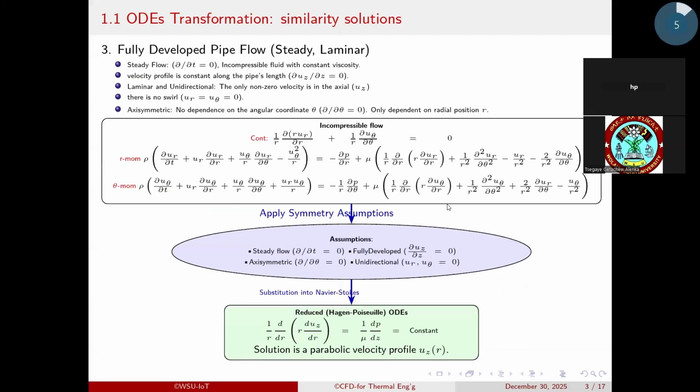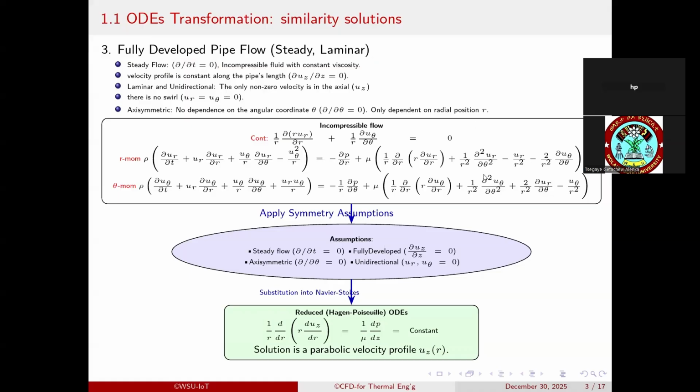The next problem is PDE transformation for fully developed flow in a pipe, steady, incompressible, uniform flow with no swirl or rotation, as described in the slide. This actually is not a similarity transformation; other examples follow later in this presentation.